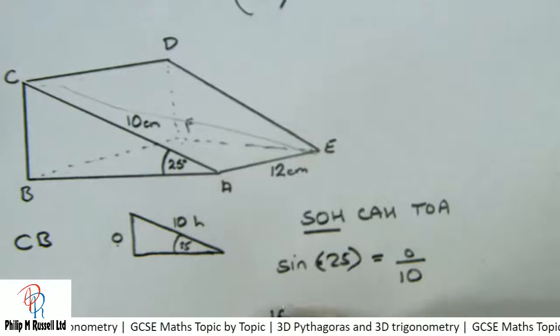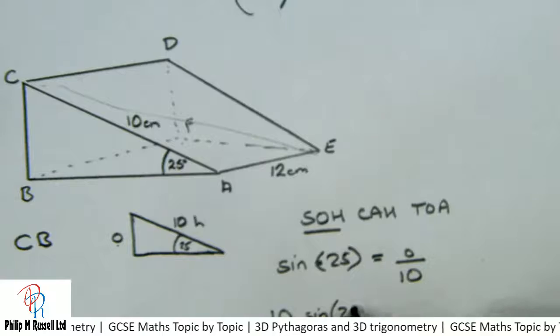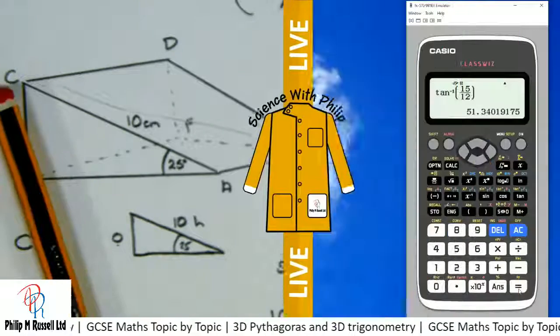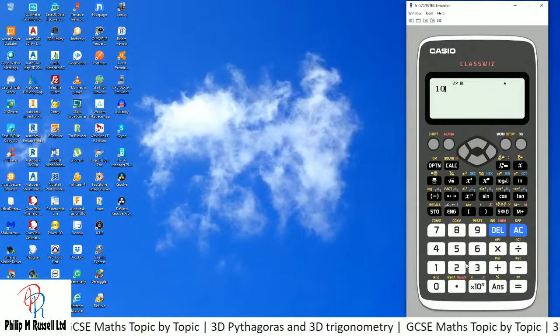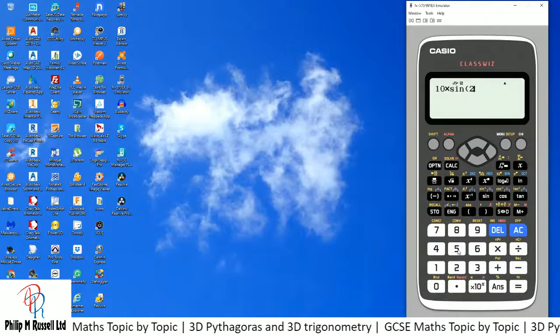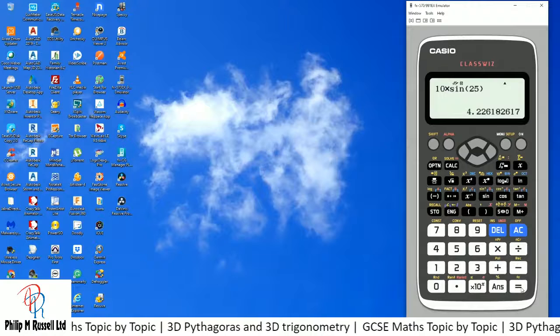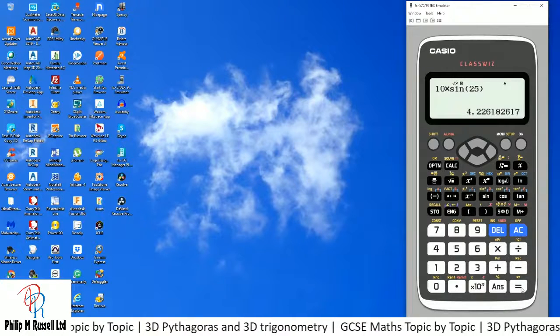Rearrange that, that's going to give us 10 times the sine of 25. So my height is going to be 10 times the sine of 25, which gives me 4.22.